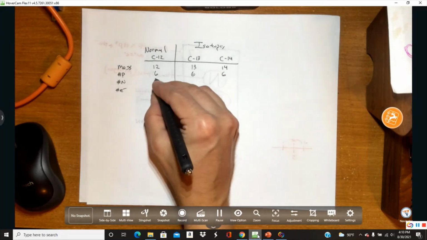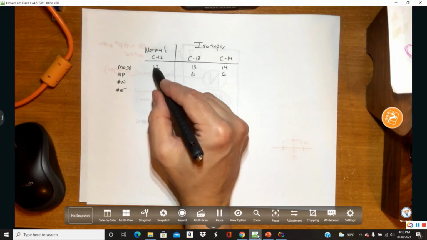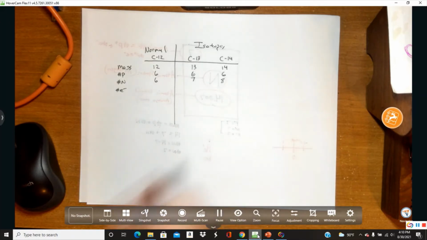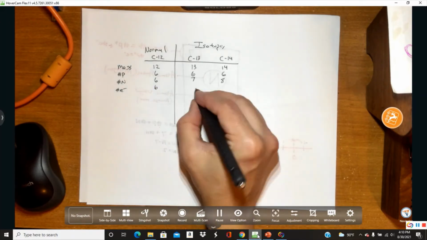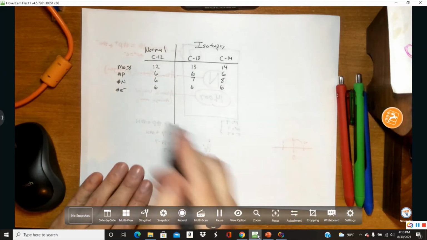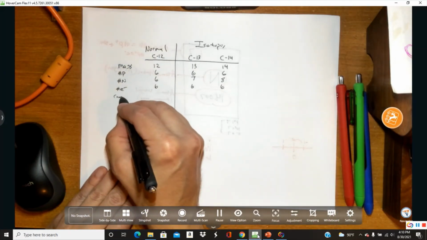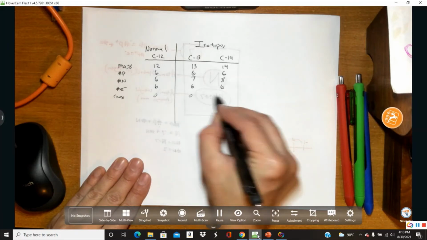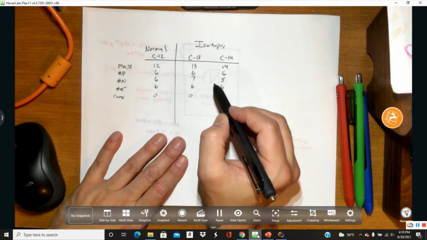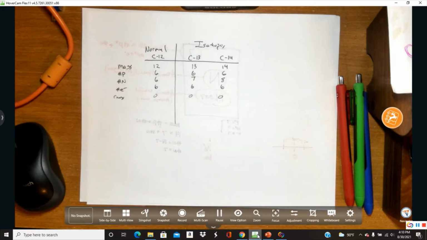So we would say 6, because 12 minus 6, but for carbon 13 we get a different number of neutrons, while the protons are again 6. We will also see the charge is the same. They all have a charge of 0. Where they differ is their number of neutrons, which affects their mass.